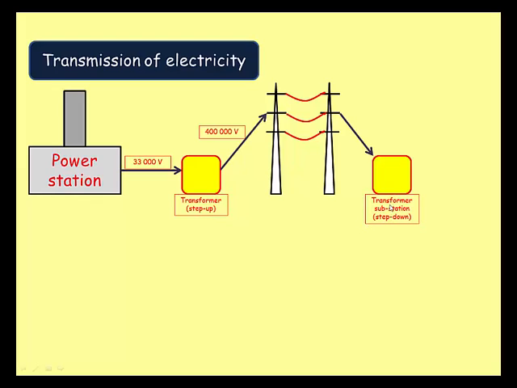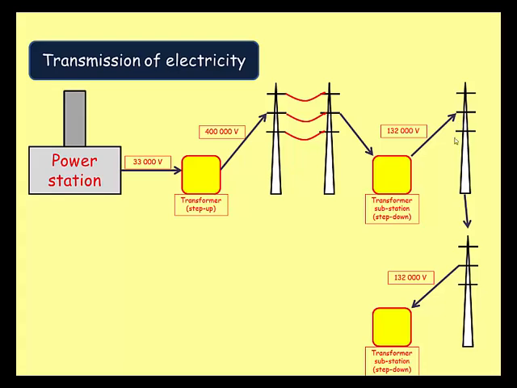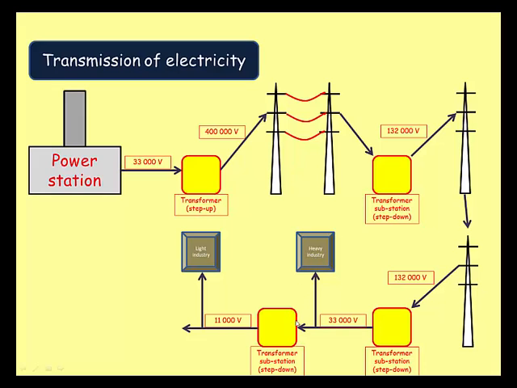So here we've got a step-down substation, and this may decrease it to, I don't know, 132,000, a little bit less. That will then be transmitted to a further substation where it will be stepped down to perhaps 33,000 volts for big industrial areas. When we go in towards towns, we'll have further substations, and in towns you may have light industrial areas, small factory units, and there they may want 11,000, so it's stepped down for them to 11,000.